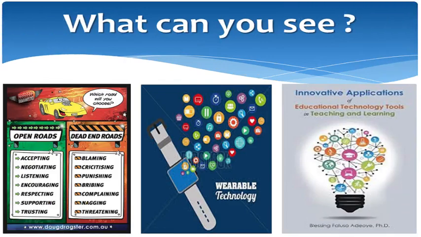Now, dears, look at the photo in front of you carefully and tell me, what can you see? Actually, we can see three different posters. Two of them are related to technology. The first one, its title is Innovative Applications. Can you see it?